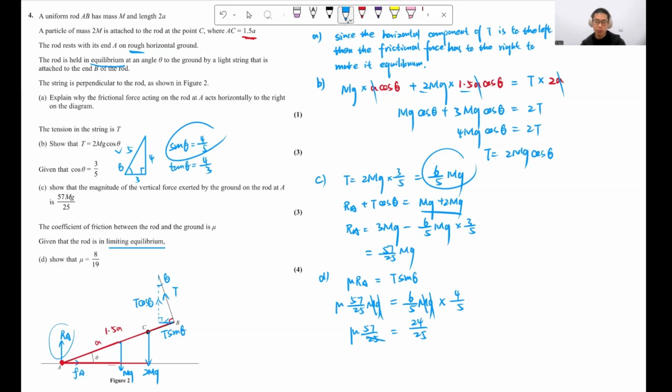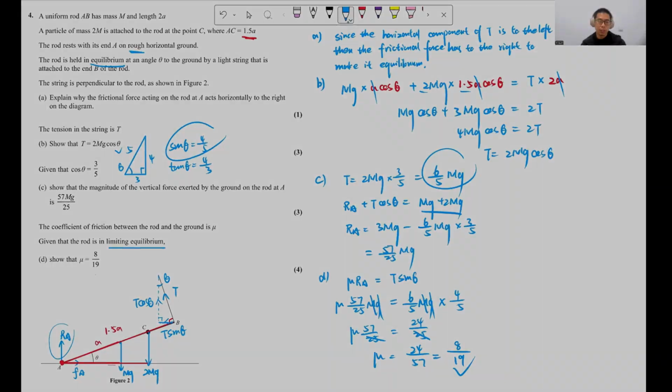So times by 25 for both sides. Then we can cancel out 25 in the denominator. Then mu is just equal to 24/57. So simplify that, divide by 3 for both top and bottom. 24 divided by 3, that's 8. 57 divided by 3 is 19, which is what we need.